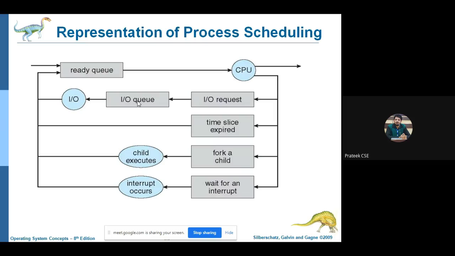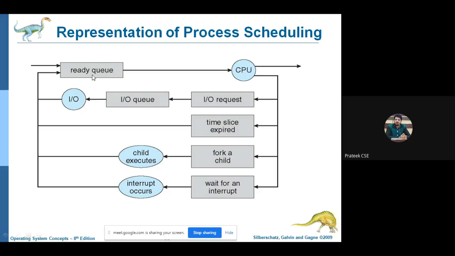And this is the representation of scheduling. This is a very interesting diagram, and most of the things we already know. So from here I am starting. This is the arrow. Before this we have a new state, and suppose we select 2 or 3 processes, we double click on the executable file, so those processes will enter into the ready queue.